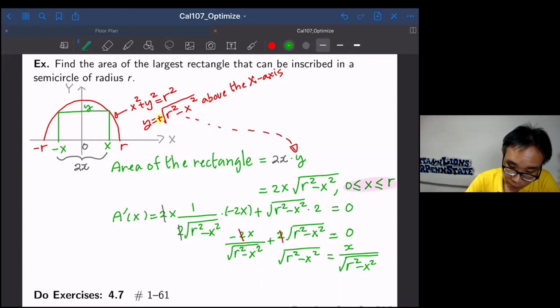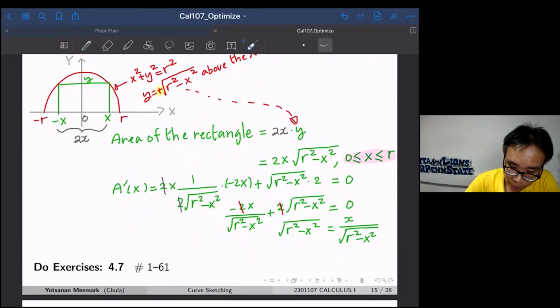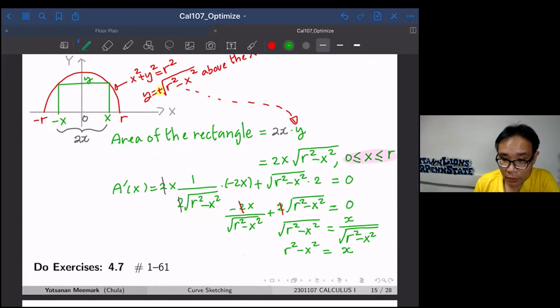You multiply across, so you get r squared minus x squared equal to x squared, sorry, I forgot the square.